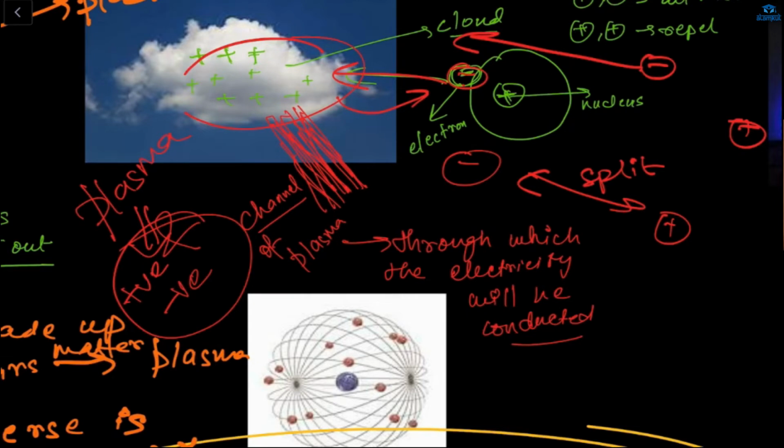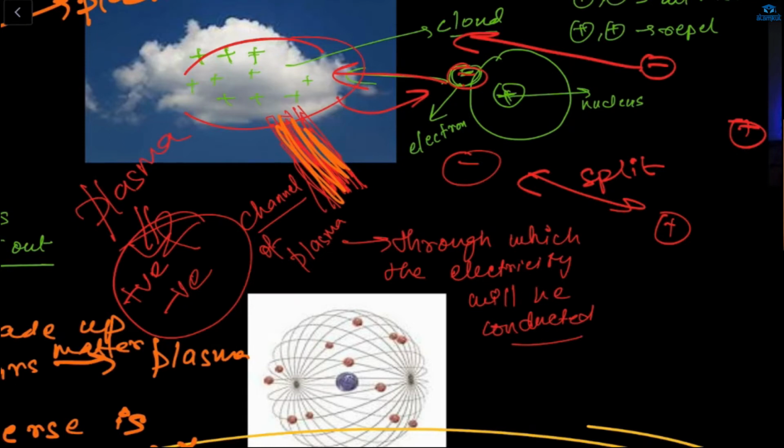Now let's see. Now this positive charge flows from this channel, and this is known as lightning. Lightning happens in the cloud. Why does lightning happen?